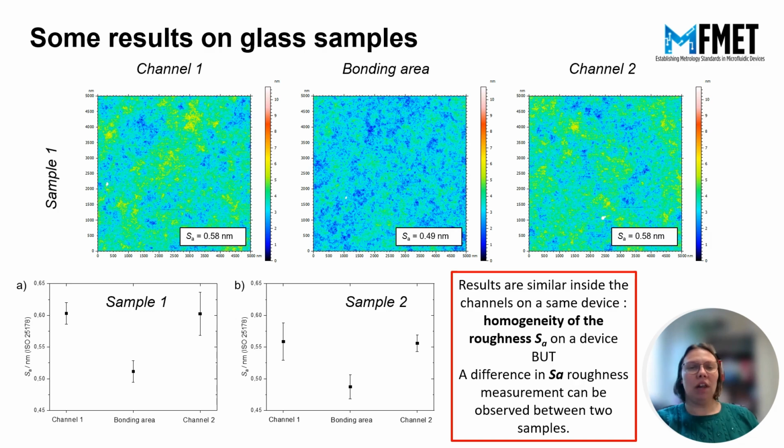Also, inside the channel, the measurement is very repeatable, with a very low standard deviation below 0.1 nanometer. Moreover, on the same sample, we can observe that the results are similar between the two channels, highlighting a homogeneity on a device. However, measurement between two devices show differences, even if low.